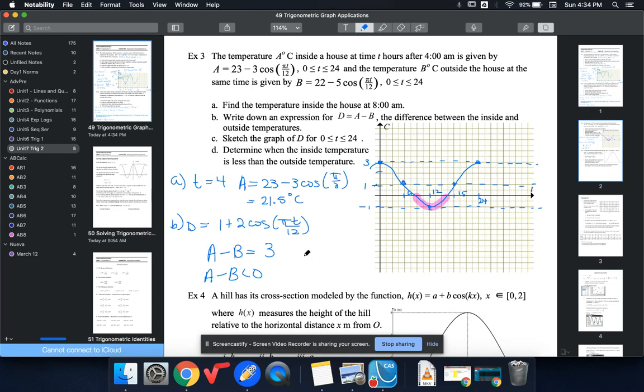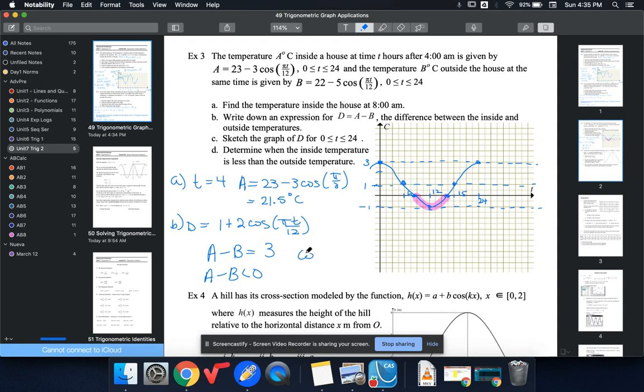So I can solve this equation. So let's see what happens if I solve it just by hand. So I want to know these points where the temperature is equal inside and outside the house. So that means my D is going to be 0. So if I set this equation equal to 0, I'm going to get 1 plus 2 cos pi t over 12 equals 0.